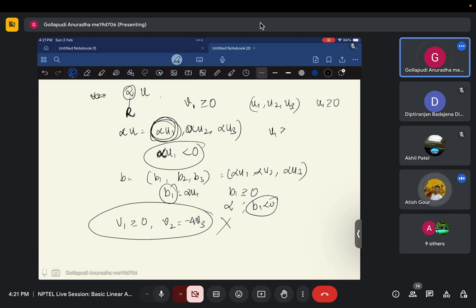So my question is, will it be there like V2 square is equal to 4 times V3? Right now we are in basic linear algebra, so let's constrain ourselves to the linear things. If it is a square, then it is not going to be a vector space.